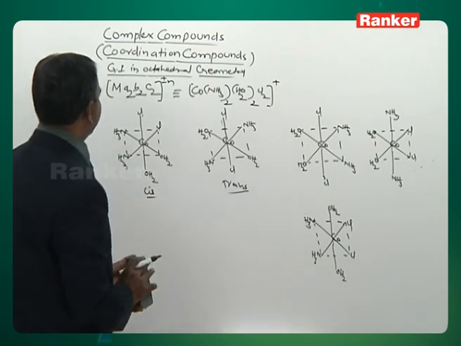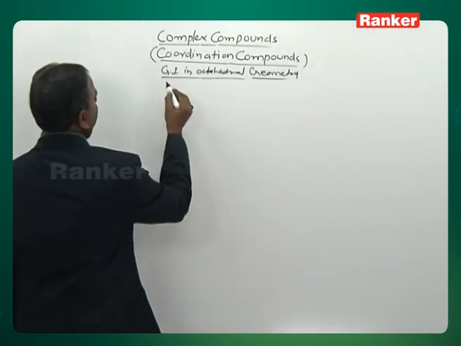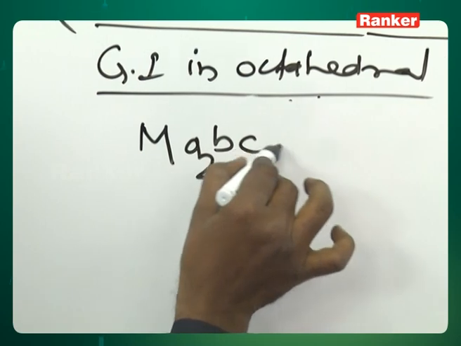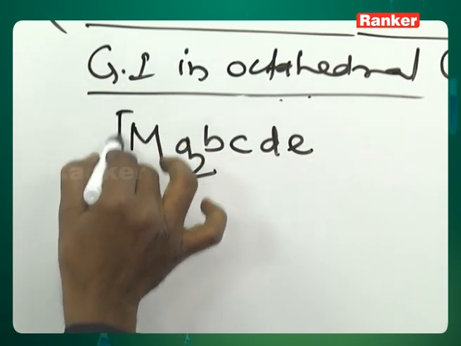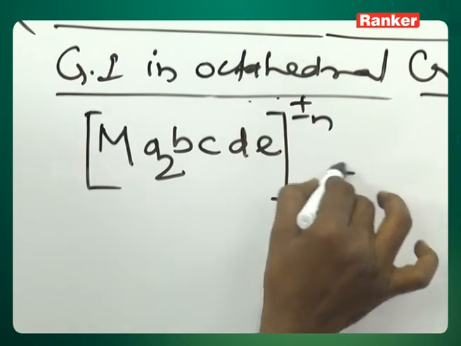Next let us see Ma2BCDE. Next model, see, Ma2BCDE plus or minus n.